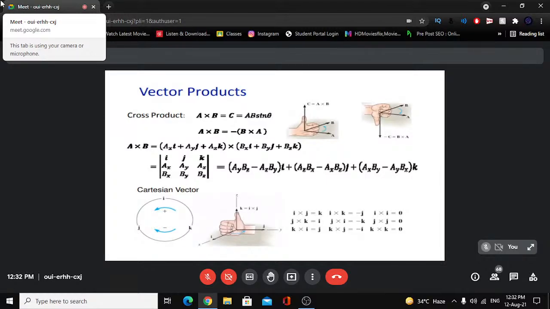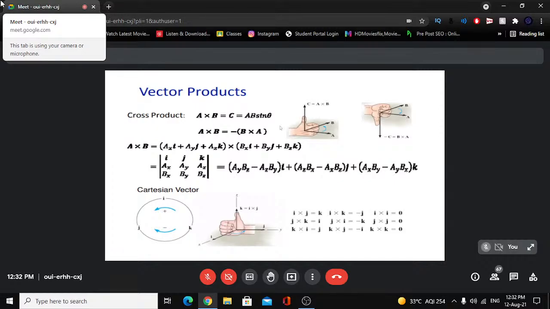Finger curling tells us the direction of rotation of these vectors. Going from A to B, the product is along the positive direction C. If we do the product from B to A, we get the negative vector. So A cross B is not equal to B cross A, rather it is minus B cross A.